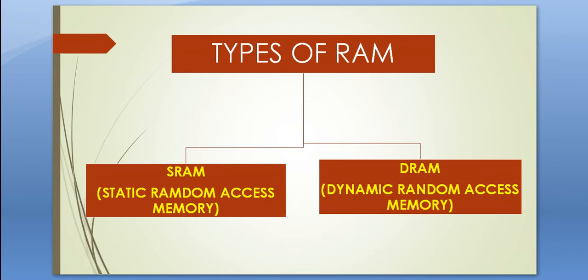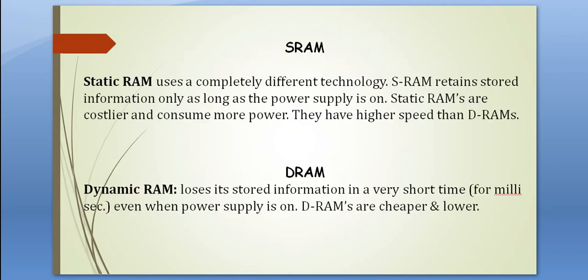Now, types of RAM. There are two types of RAM: first SRAM, static random access memory, and second DRAM, dynamic random access memory. What is SRAM? SRAM uses a completely different technology. SRAM retains stored information only as long as the power supply is on.